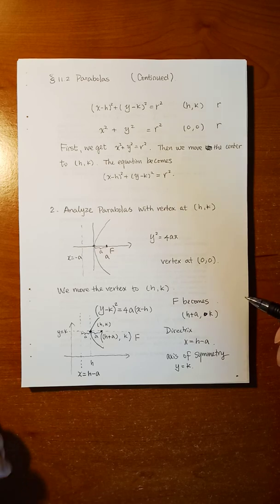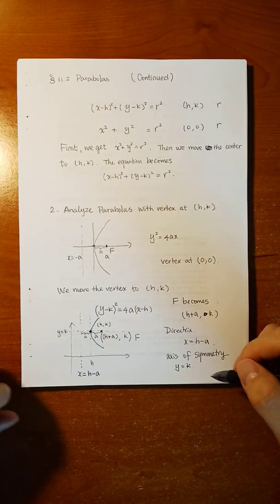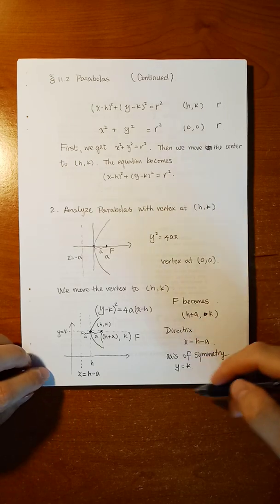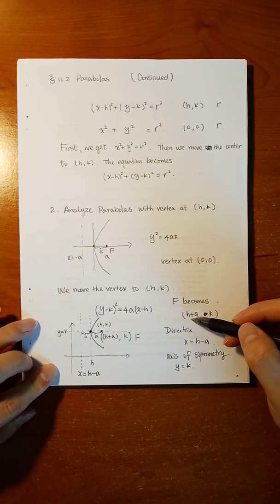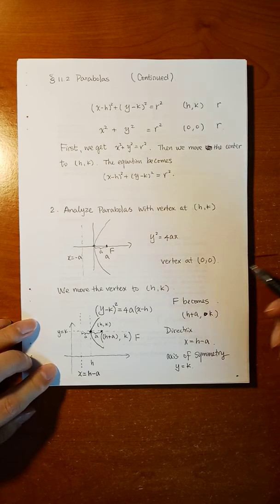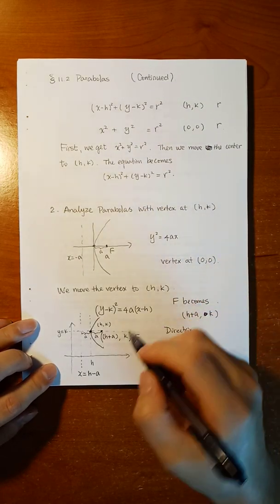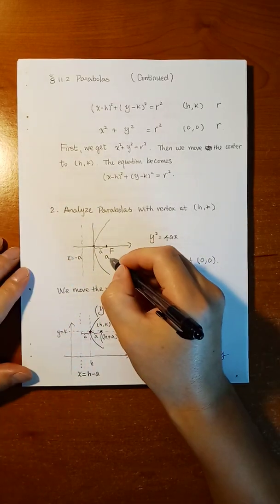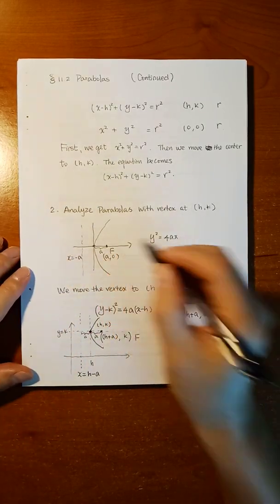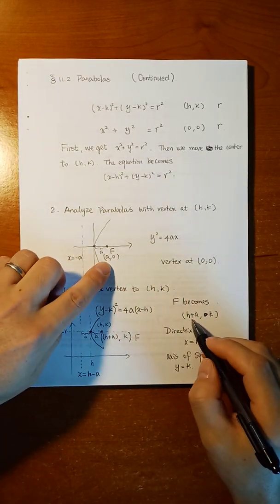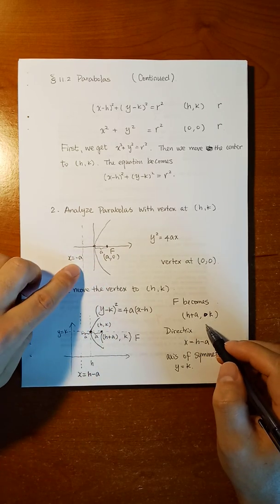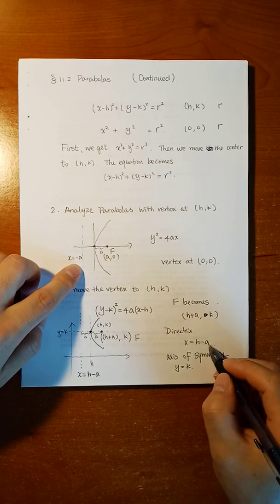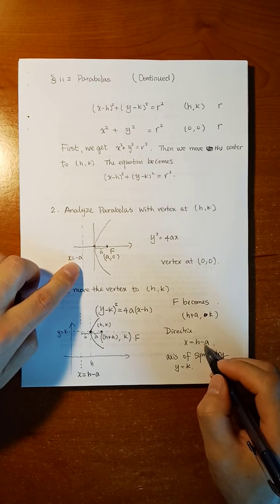In this part, for those three items, you always add h or add k in the corresponding position. Originally the focus is (a, 0). Move to (h, k), so a plus h, 0 plus k. The directrix x equals negative a, plus h, so you get h minus a.